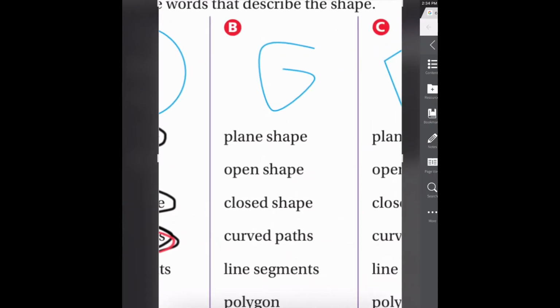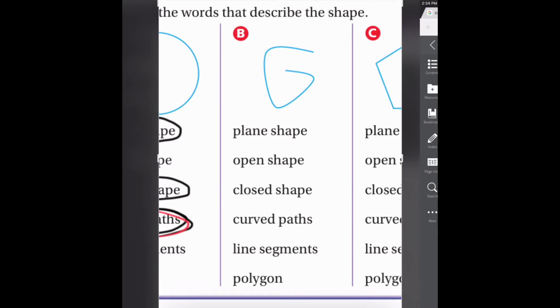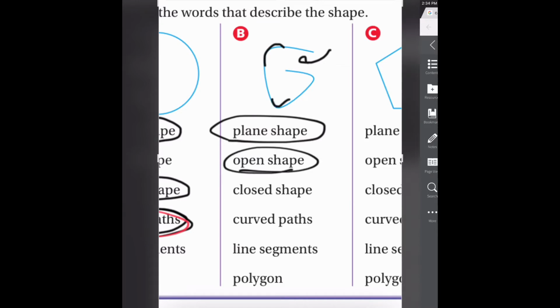Let's look at B. Is B a plane shape? Yes, it is. It's a strange looking one, but it is. It's a two-dimensional shape and it's a plane shape. Is it open? Yes, there's an opening right here, so open shape, not a closed shape. Does it have curved paths? Yes, it has several of them, right? One there, one there, one there. So it has curved paths.